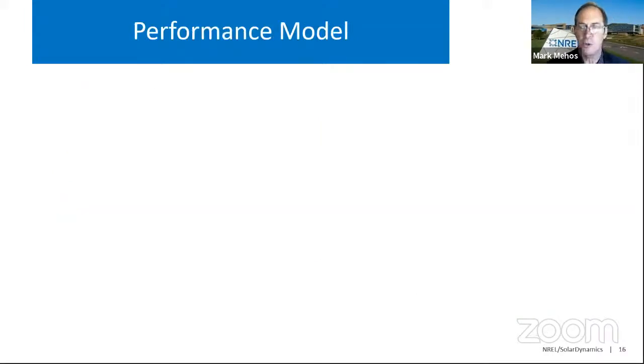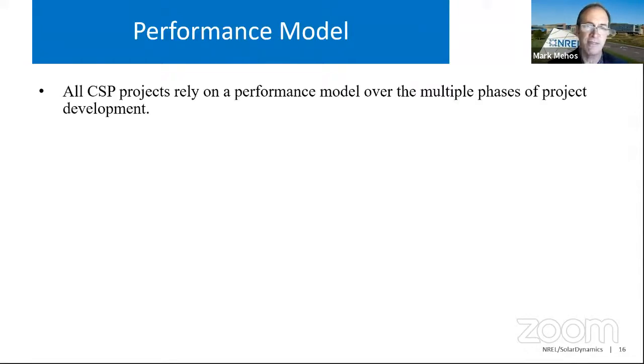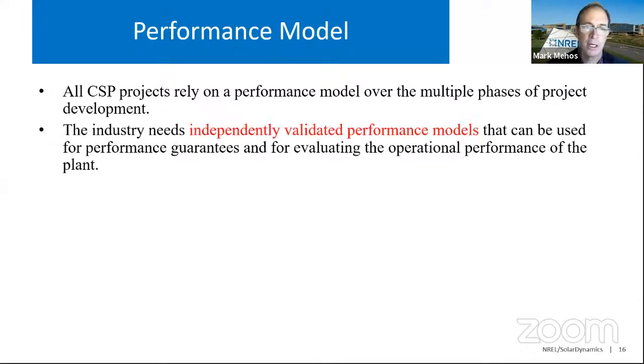Okay, so on the performance model, let me just list out a few points. And I've highlighted some areas in red that I think are particularly important. But as I mentioned earlier, all CSP projects rely on a performance model throughout the various phases of project development. One important finding was that the industry needs independently validated performance models. And I'll talk a little bit about how those are validated in a little bit.